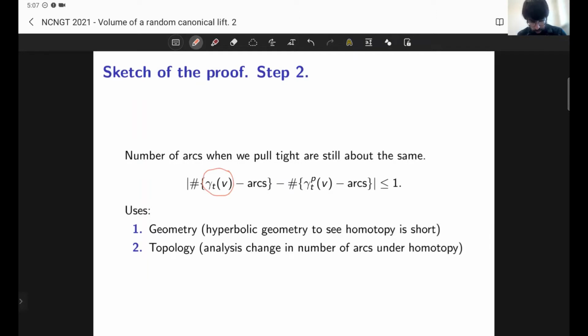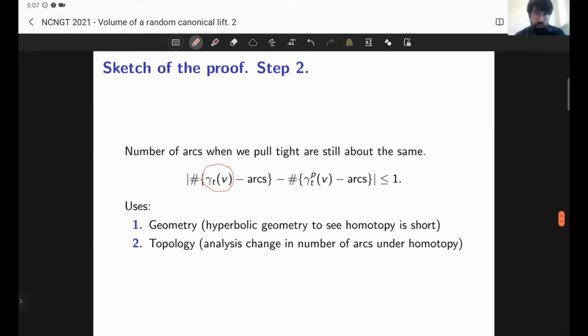And this argument uses some hyperbolic geometry estimates to show that this pulling tight homotopy is actually short, and also requires, on top of that, some topology to analyze the types of bigons that can occur for this particular closed curve in order to establish this result, that the number of arcs actually doesn't change a lot when you pull tight.